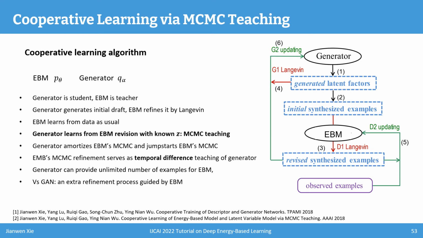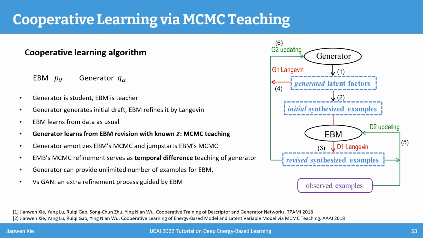The reason we let the generator learn from the revised synthesized examples instead of the observed examples is that the generator does not know the latent factors that generate the observed examples, and it has to think hard to infer them by explaining away reasoning.